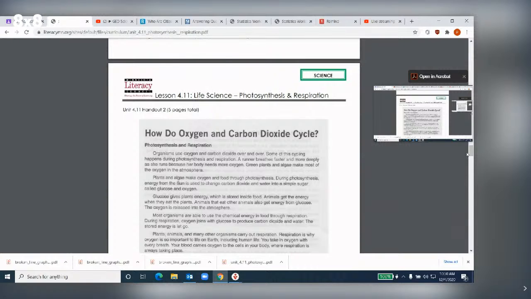Plants, animals, and many other organisms carry out respiration. Respiration is why oxygen is so important to life on Earth, including human life. You take in oxygen with every breath. Your blood carries oxygen to cells in your body, and respiration is always taking place.